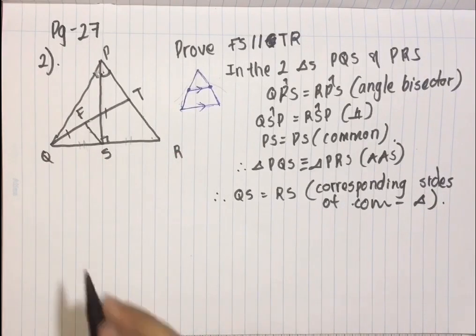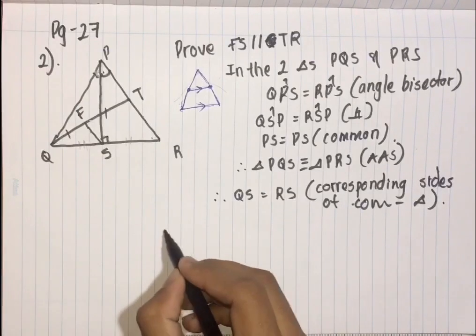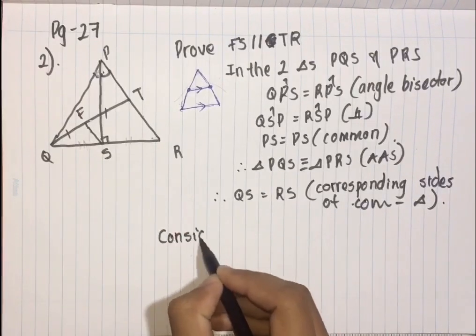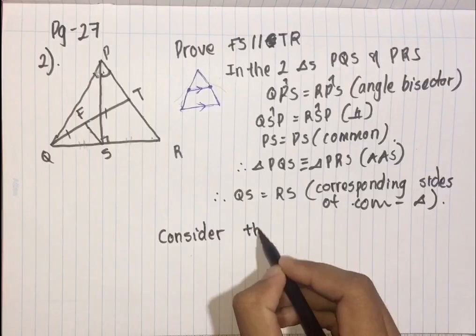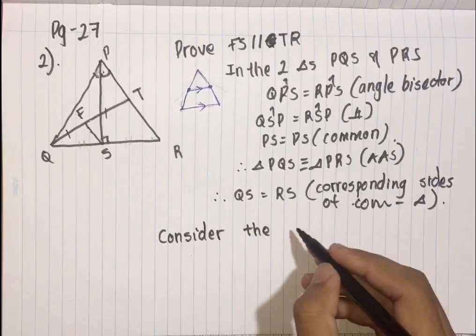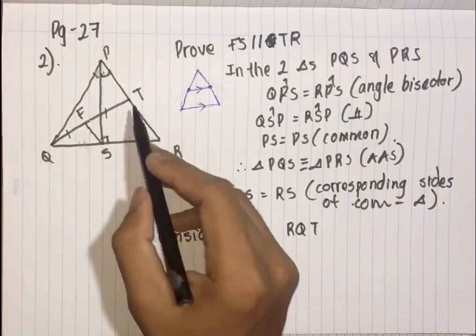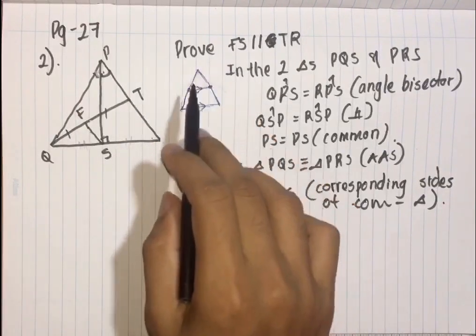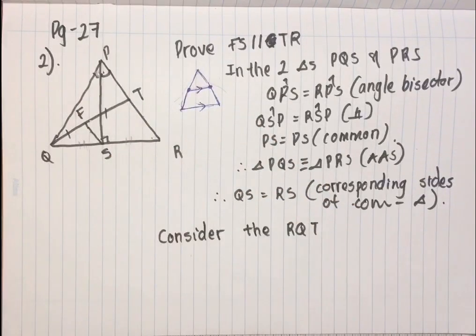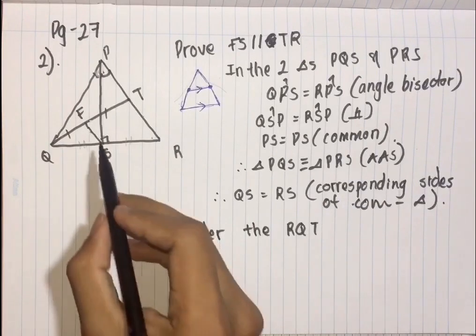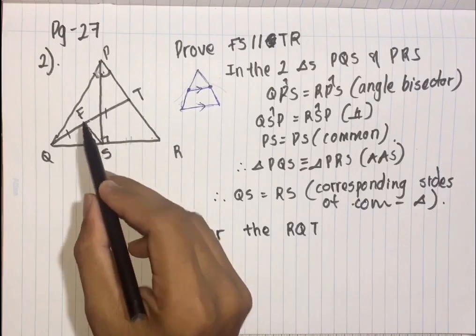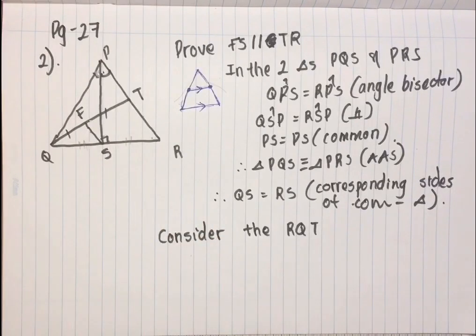Now you have proved this. Now you have to write, let us say, consider the triangle RQT, the smaller triangle. I told you you have to finally consider this triangle. Now if I consider this triangle, I told you that I have to show that S is the midpoint and F is the midpoint. How can you say that?